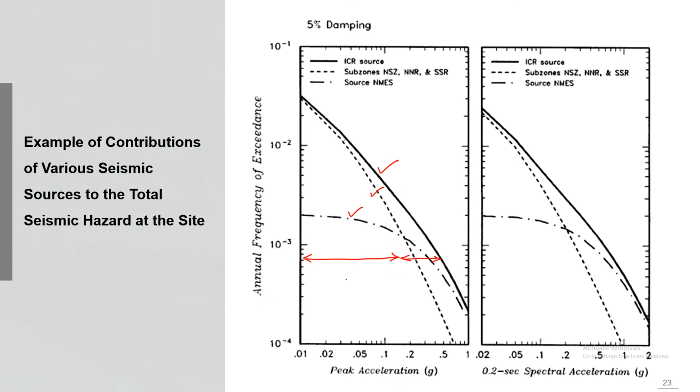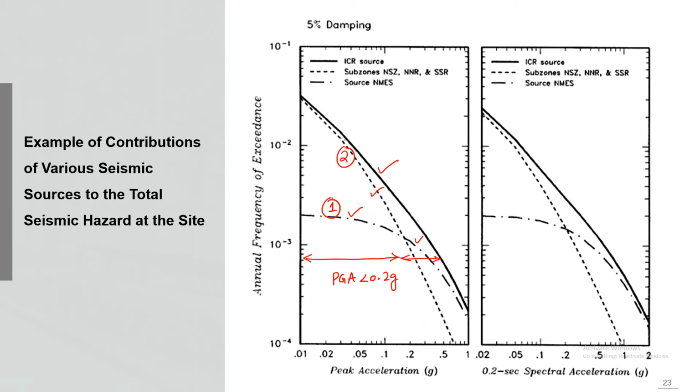For example, here you can say that for PGA less than 0.2 g, seismic source number 1, which is this one, is giving you a lower contribution towards your site compared to this second seismic source, number 2 here. But for higher values of PGA, you can see that source 1 has a higher annual frequency of exceedance compared to seismic source 2.